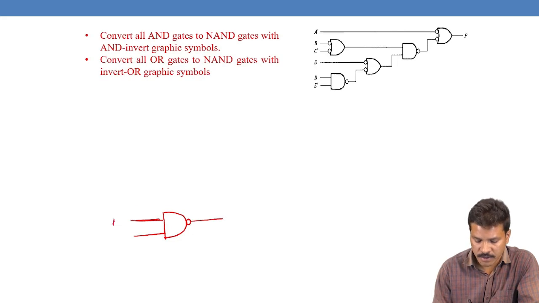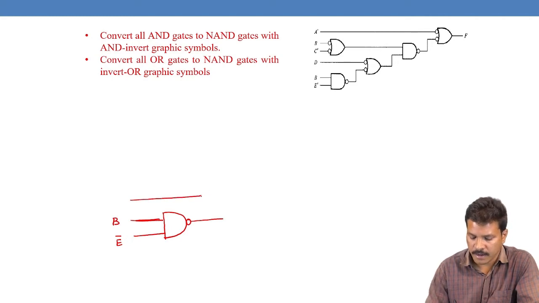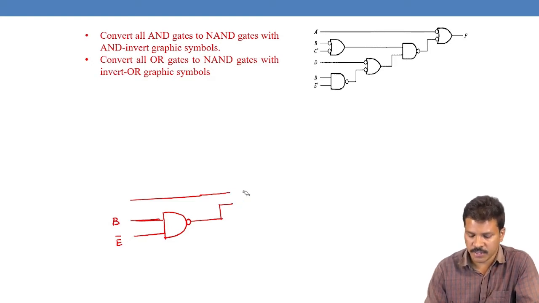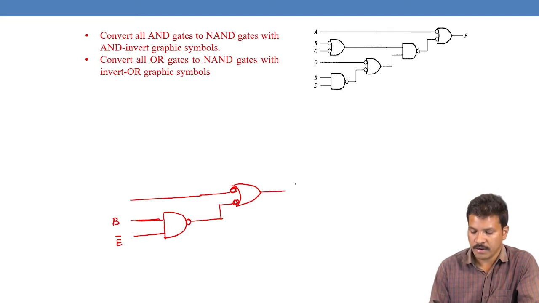This is called B and E bar, and then D. It is actually an OR gate, so we can replace that OR gate with a bubbled OR gate, this OR gate.